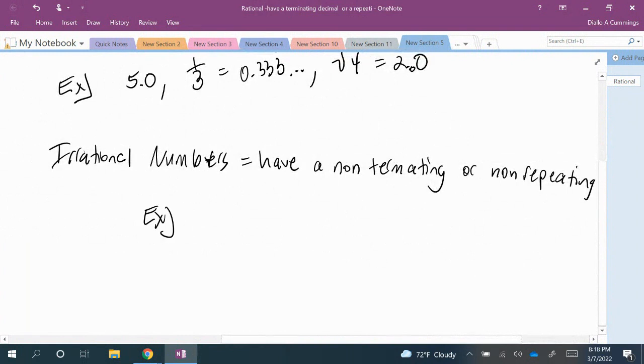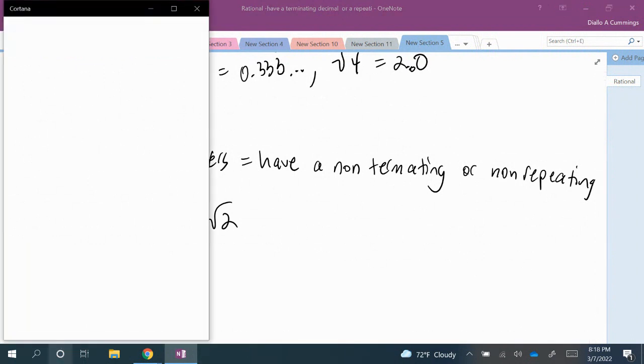Here are some examples. The square root of 2. Any root, because we have square roots, cube roots, fourth roots, fifth roots. If it's not a perfect root, then it's an irrational number.